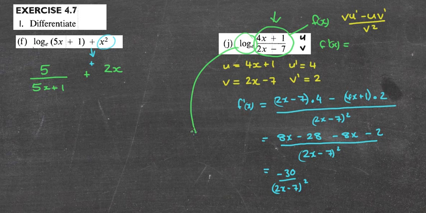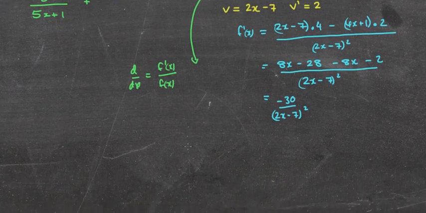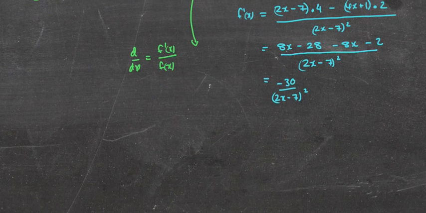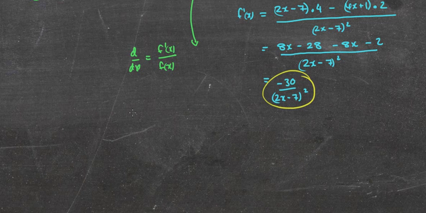Now we know that the derivative of the logarithm is going to be given by f dash x over f of x. So what we now need to do, I'll get some more room there, is we know what f dash x is. We've got that part there.